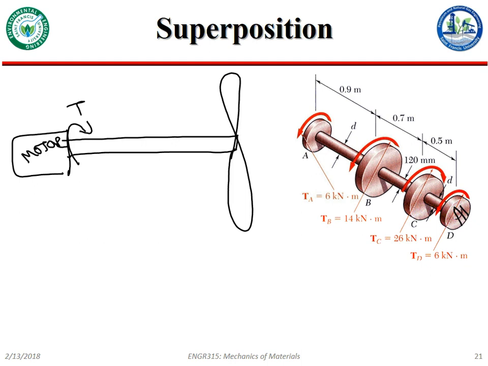The only difference between this and if the ends are fixed is that here I can have a finite angle of twist. That's non-zero. That's what I'm looking for. Here, if this end can't move and this end can't move, the angle of twist at each end has to not change. If it's fixed, it must be 0, because it can't move.